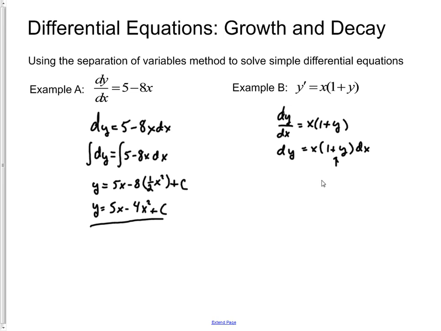Well, we don't want expressions that involve y mixed together with the x. So what we're going to do is divide both sides by it. We're going to get an expression that looks more like this, dy over 1 plus y is going to equal x times dx.